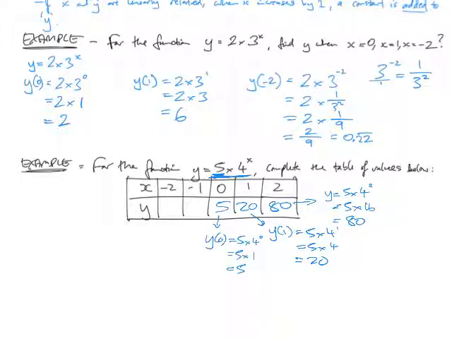So 5. Here we go, for negative 1, y of negative 1 is going to be 5 times by 4 to the negative 1. That means 5 times by a quarter, which means 5 quarters, or 1 and 1/4, and we know that to be 1.25.